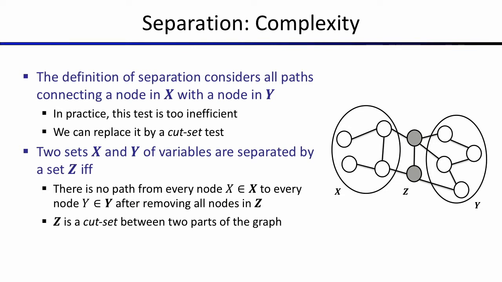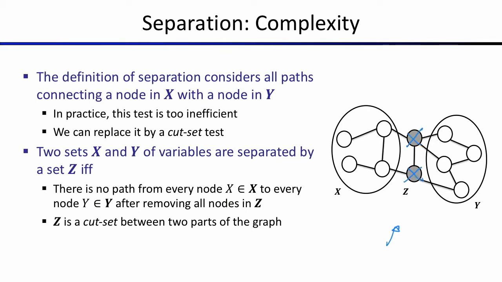We can use the idea of cut set test. And this cut set test is very simple. Actually, what we're going to do is prune the nodes that belong to Z. If you have a graph like this, and we're going to test if X is independent of Y given Z, we're going to go to the nodes in Z, and we're going to prune those nodes from the network.